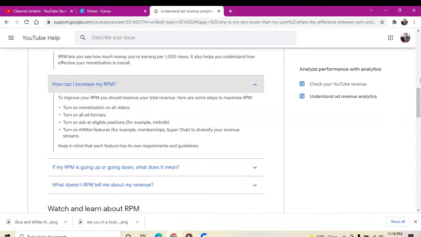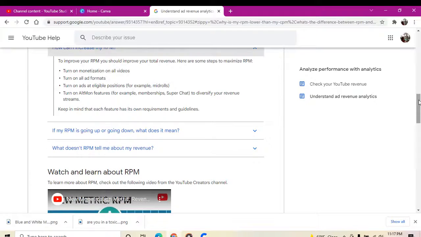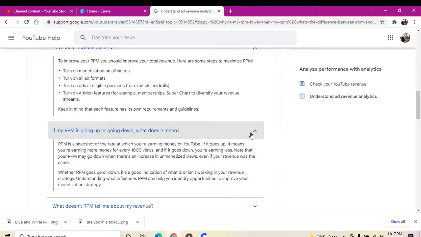So if your RPM is going up and down, what does that mean? This RPM is just a snapshot of the rate at which you're earning money on YouTube. If it goes up, it means you're earning more money for every 1,000 views. If it goes down, you're earning less. Note that your RPM may go down when there's an increase in unmonetized views, even if your revenue was the same.